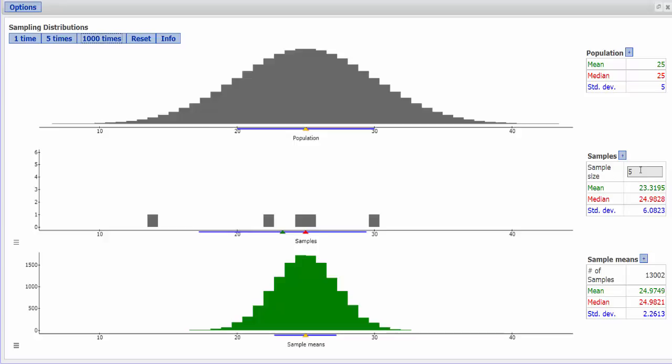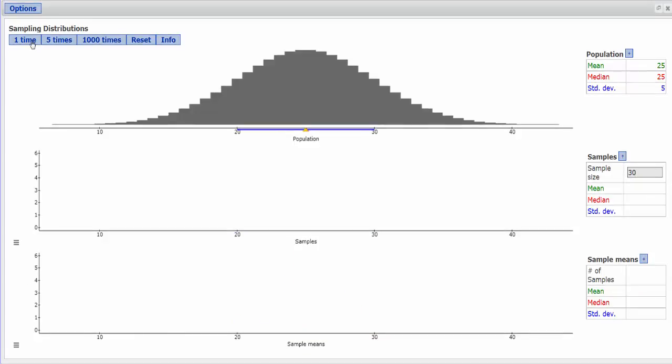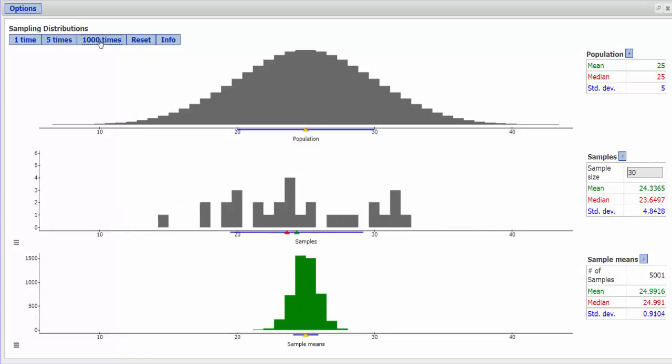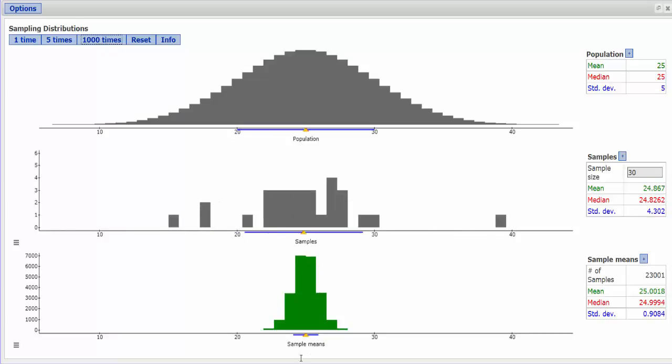All right, well, what happens when we take samples of size 30? I could take these samples one at a time. Here I have a mean of 25, which gets added to the distribution of sample means. And then I could add 1,000 different sample means to my distribution. And again, it's going to look approximately normal.